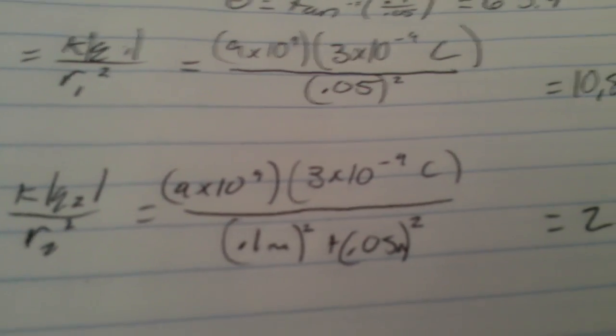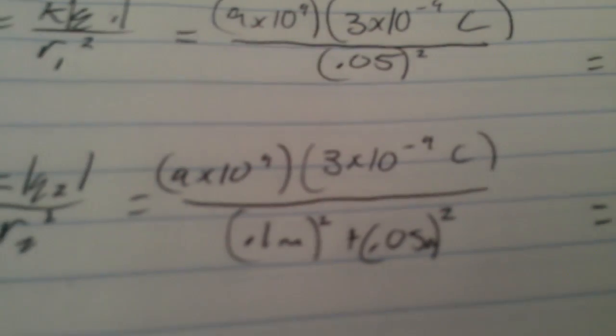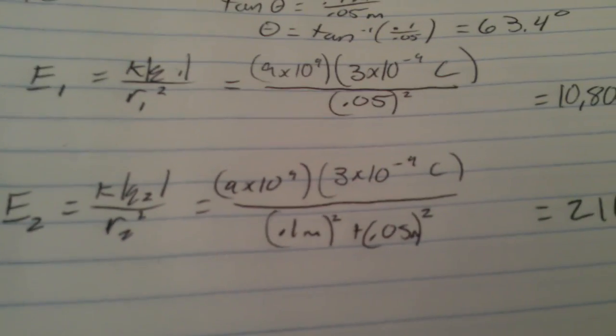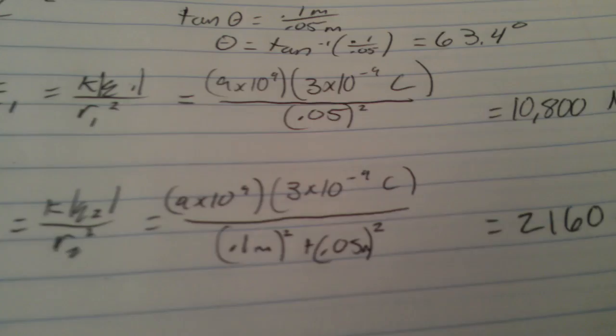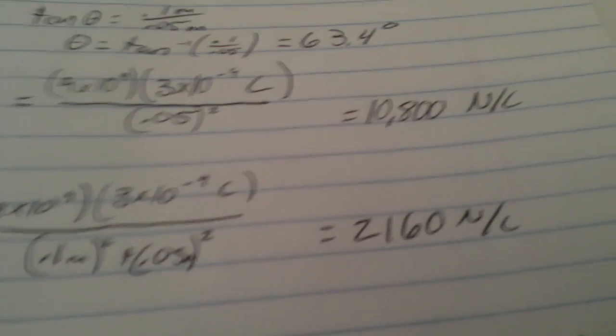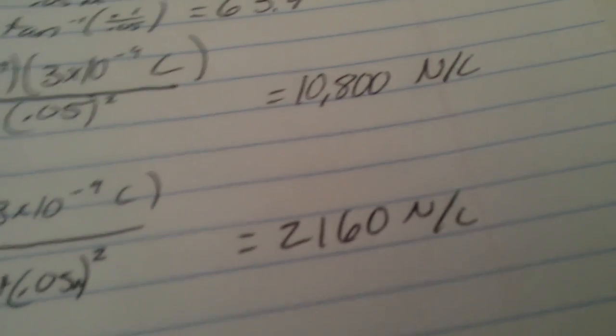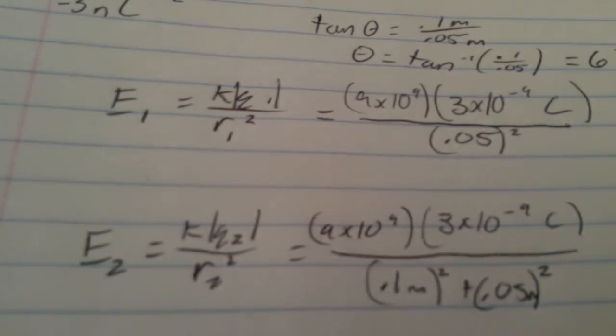And the squared in r squared will get rid of the square root that the Pythagorean theorem gives you. So you have 0.1 meters squared plus 0.05 meters squared on the bottom for r, and that, plugged in the calculator, will give you 2,160 newtons per coulomb.